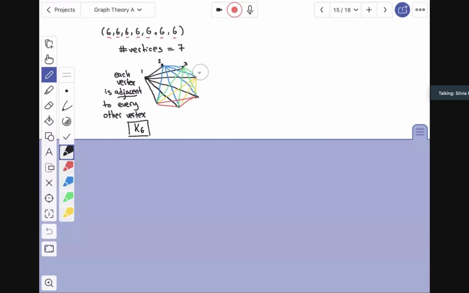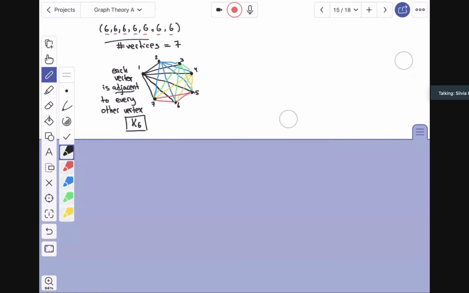Again, you don't need to draw it, but just make sure. The only thing right now is we're trying to understand which lists of numbers like these are actually degree sequences of a graph. And yes, this is one. If you see something like this, it means it's regular, right? All the vertices have the same degree.